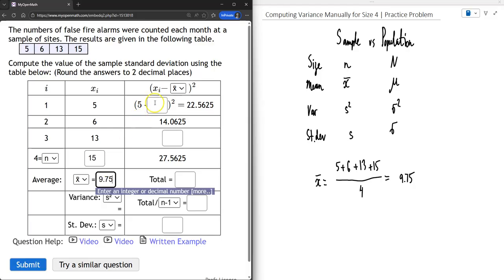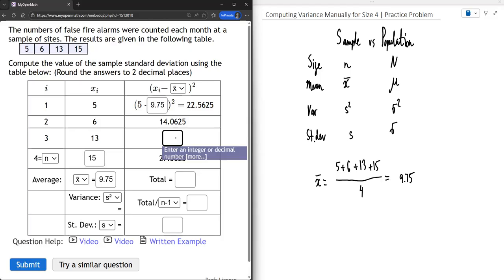And this is the number that we're going to be subtracting here. So if I type 9.75 here and actually do the math, 5 minus 9.75 is negative 4.75, squared should be exactly 22.5625. So what do I need to put here?